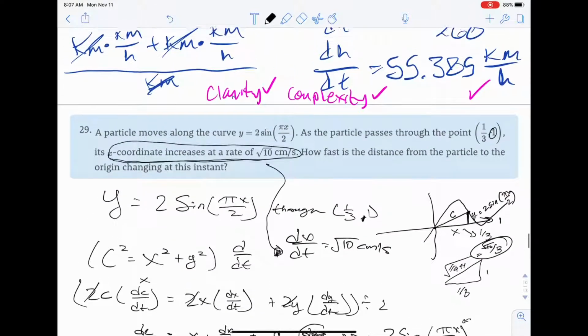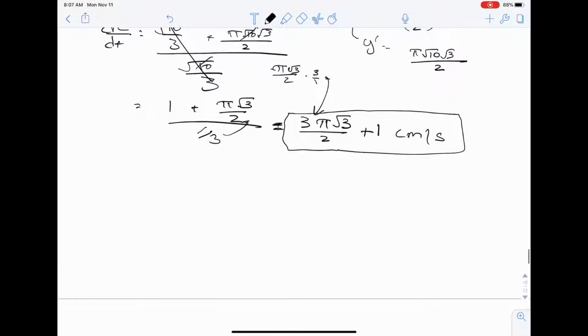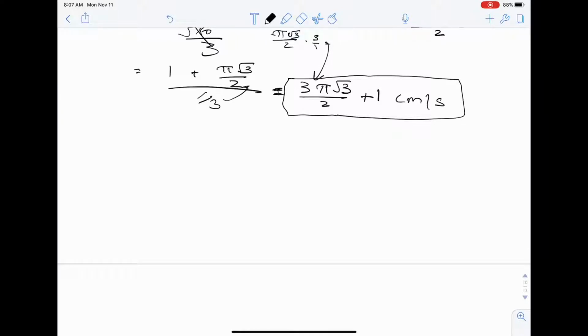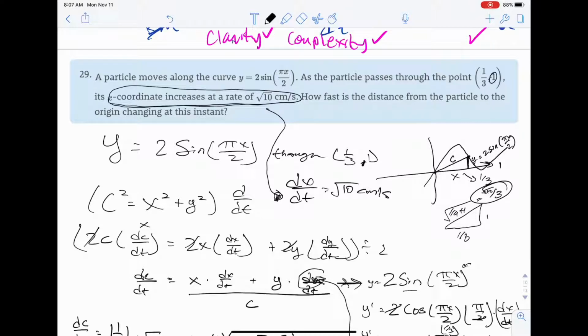Now, but we're not done. What's left is the statement. We were looking for how fast the distance from the particle to the origin was changing at this instant.